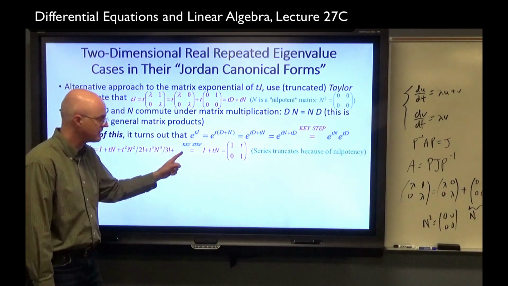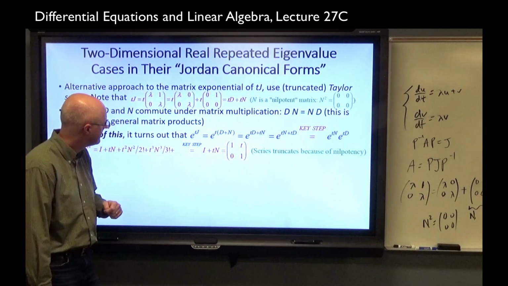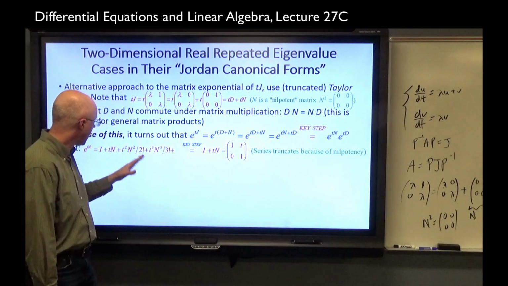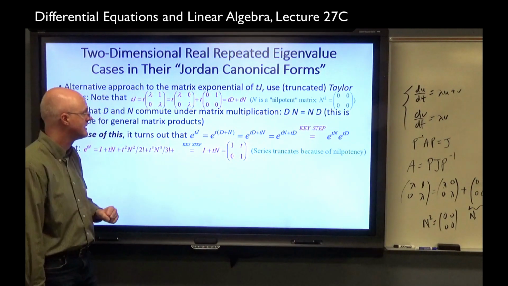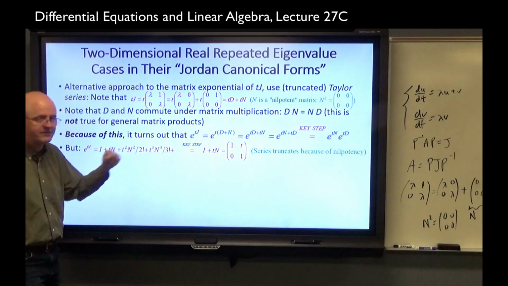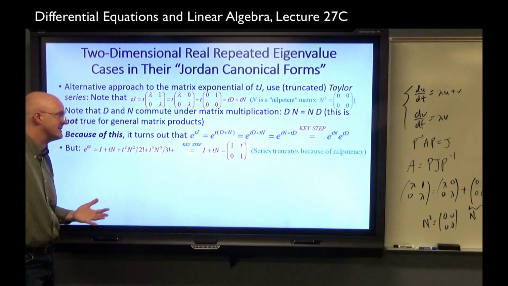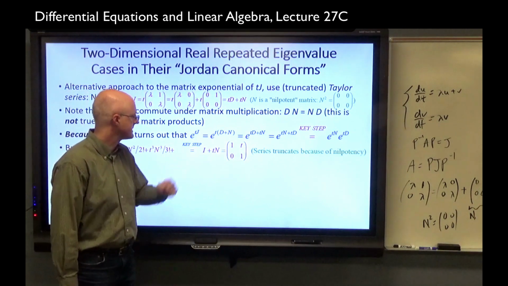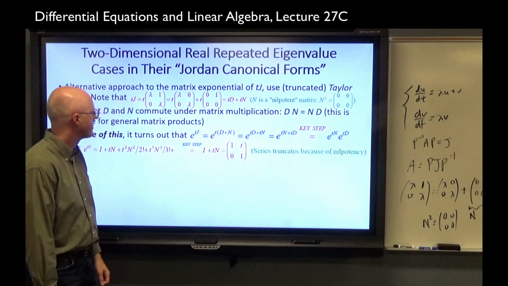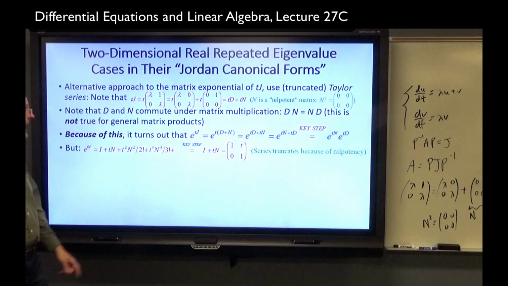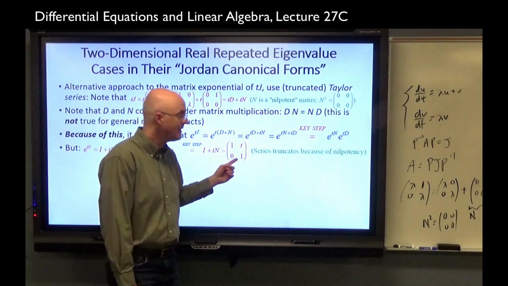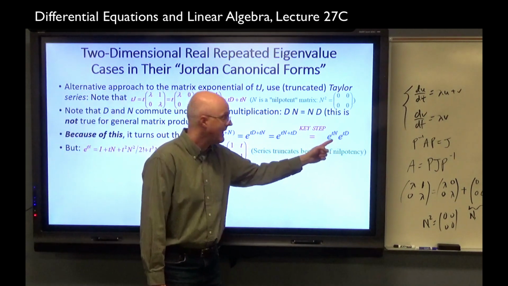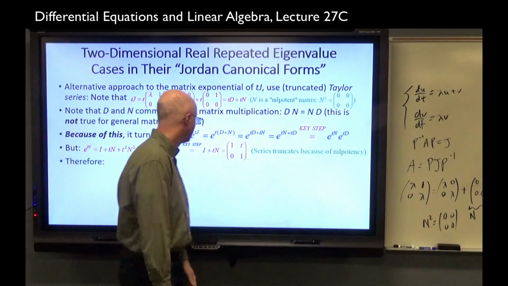This goes on forever, but I forgot the dots. Anyway, that's what happens in general. This series truncates. All the terms past the N to the first power go away, and it doesn't have to be written as an infinite series. It's I plus tN, which is this. So that's pretty simple. And I know how to figure out that too.